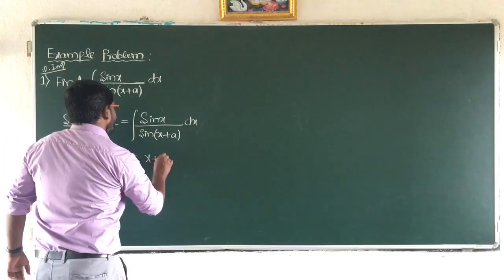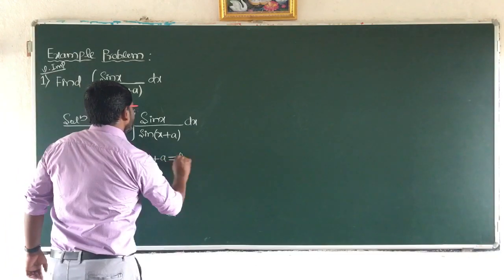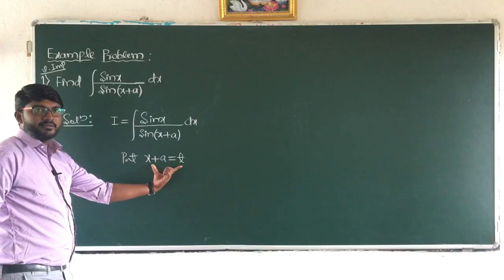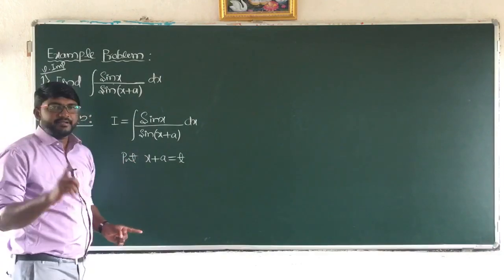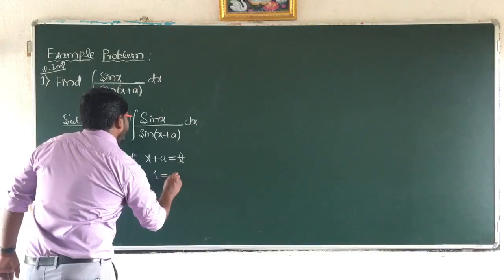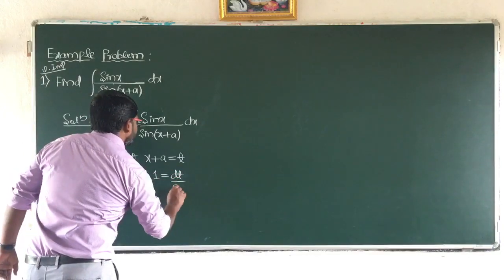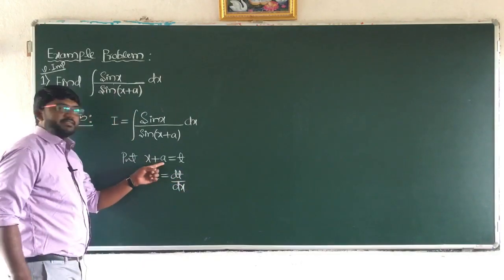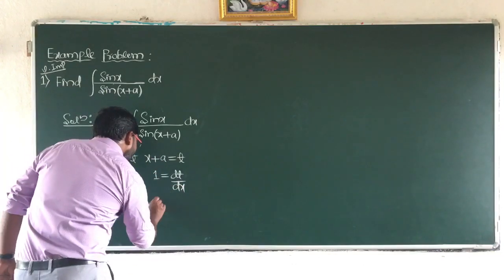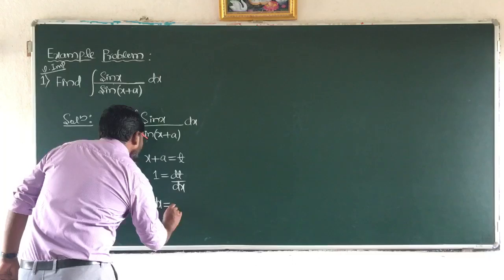Now differentiate both sides with respect to x. What is the derivative of x? It is 1. So 1 equals dt by dx, because the derivative of a is 0, 1 plus 0 is 1. Now take dx to the LHS, we get dx equals dt.